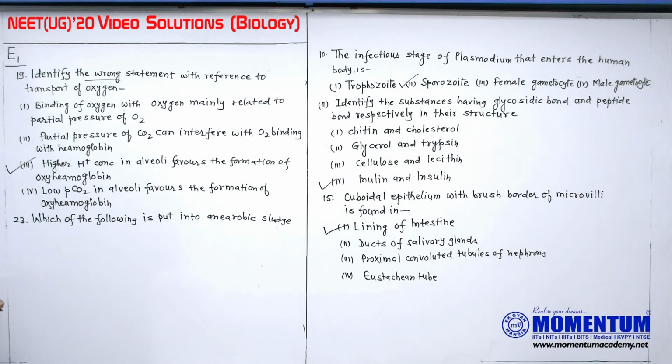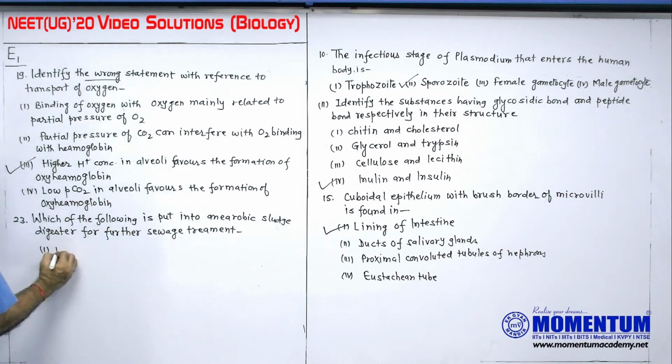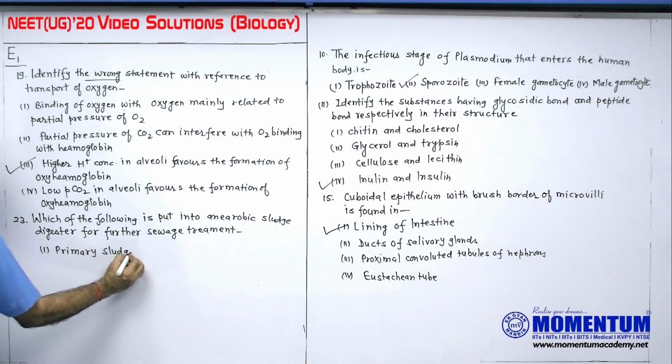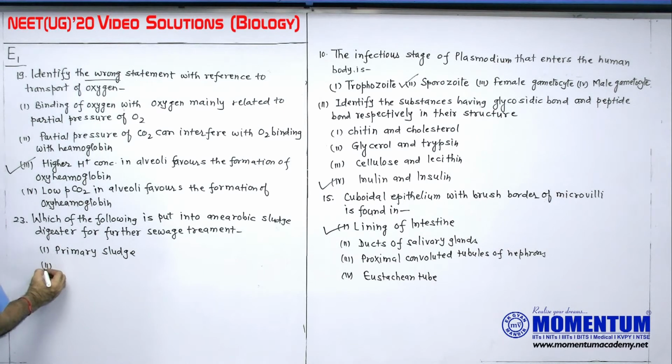Anaerobic sludge digester for further sewage treatment, primary sludge. Number 2, floating debris.